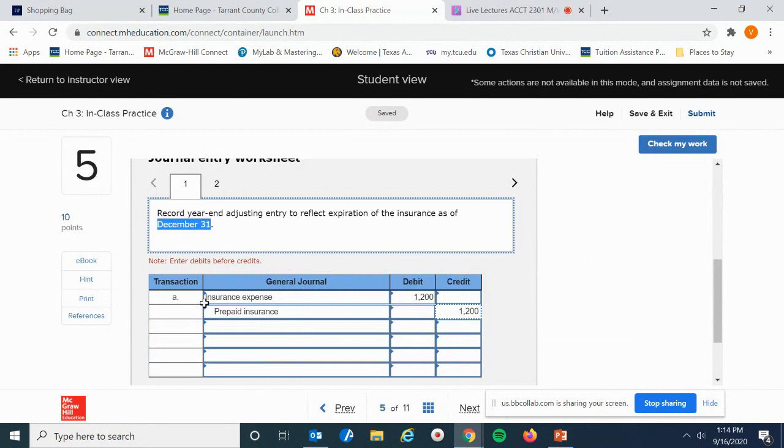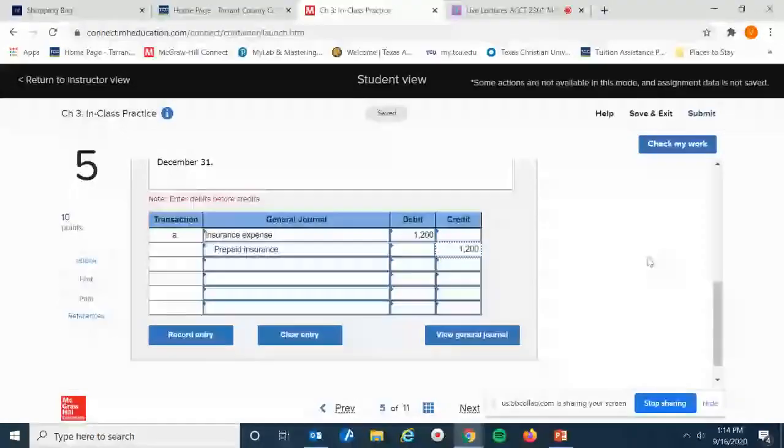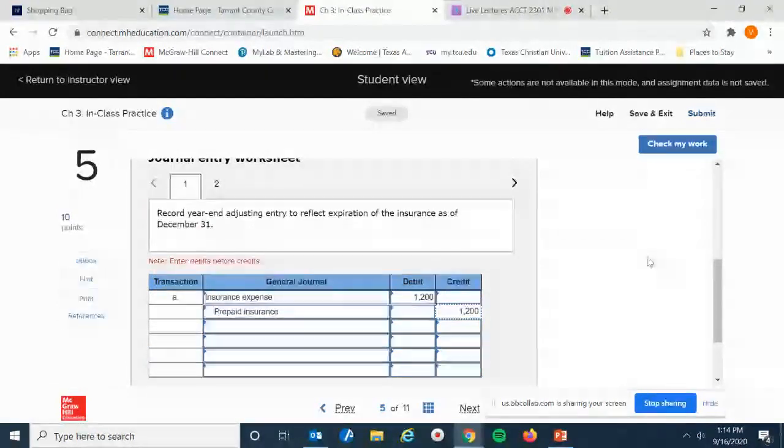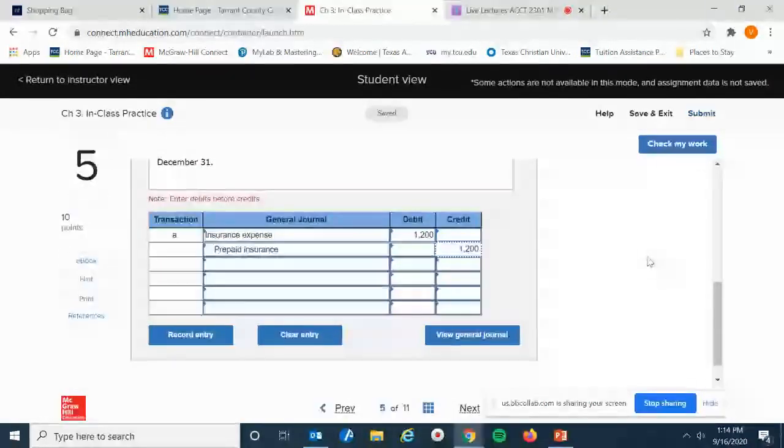One income statement account, in this case insurance expense, will be affected. One balance sheet account will be affected. And when you are preparing adjusting entries, you have to be super careful to not include the cash account at all. All right, so this is actually pretty straightforward.